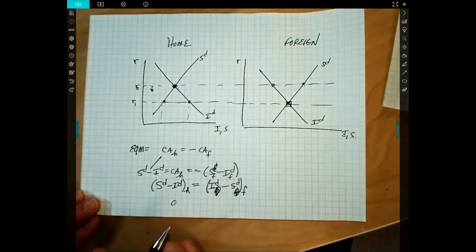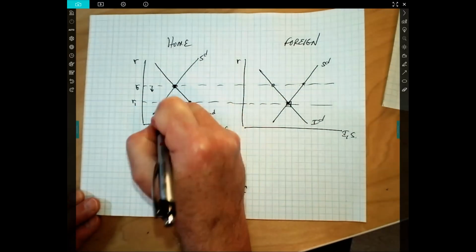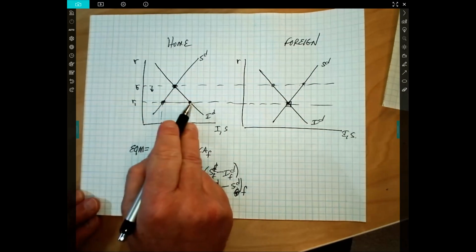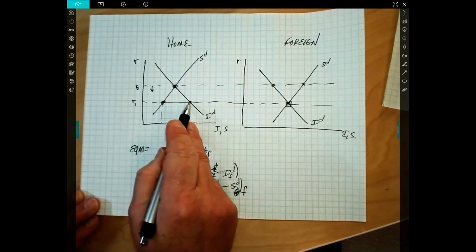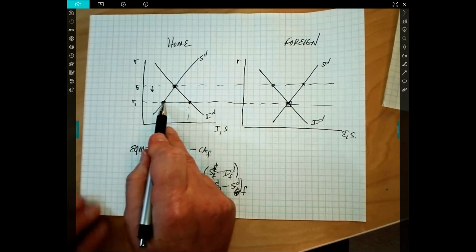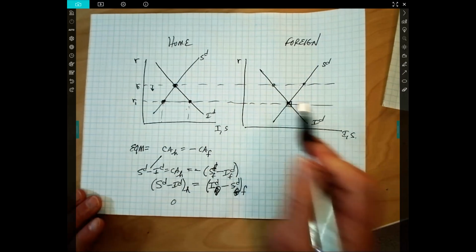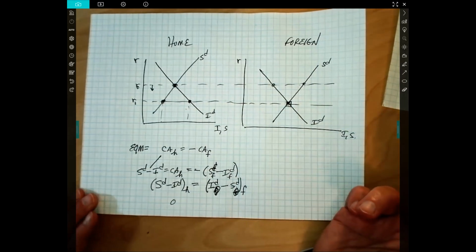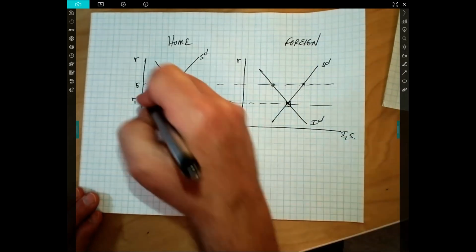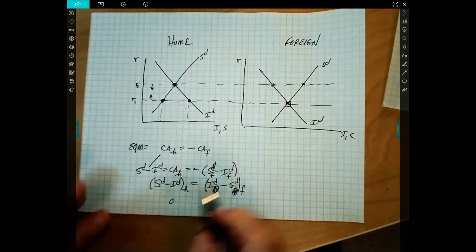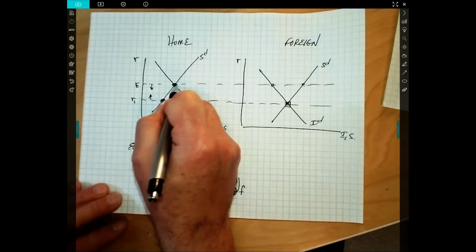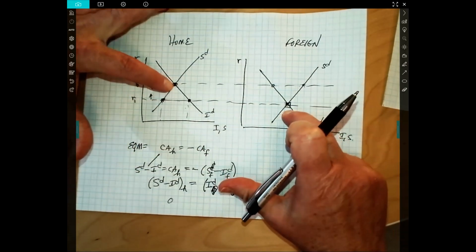It's not the same. So there's more desired investment than desired saving at that real world interest rate. Companies want to borrow more money for new capital than the saving available in the home country, but there's no excess saving over here. There's a shortage of saving relative to investment in the world. The interest rate's going to go up because there's a shortage. So it's got to be between those two interest rates.